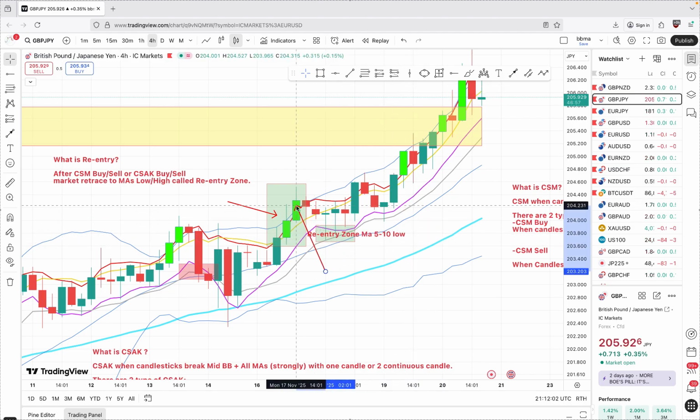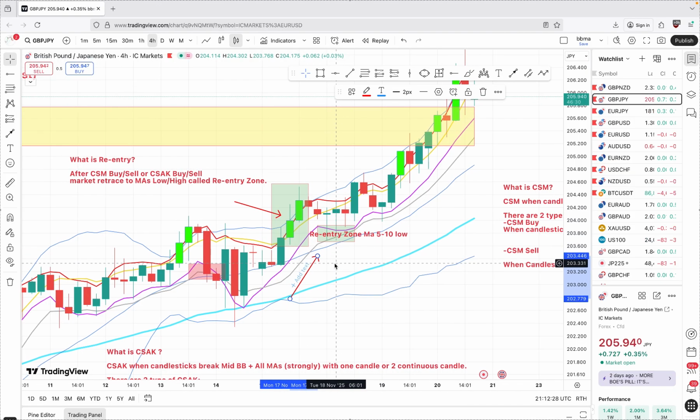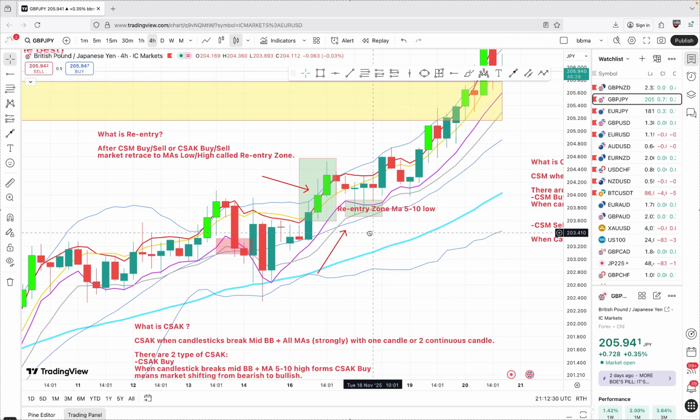So after the CSM, this is CSM buy. After CSM buy, the market retraces to this zone, which is MA 510 low. We always wait for the market to come to MA low, and this is our re-entry point.